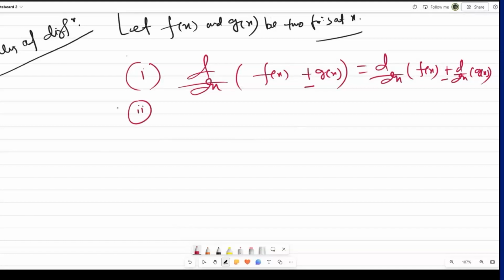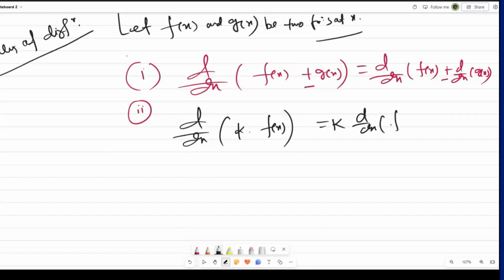All right? d/dx of k into f(x), that constant will come outside. It will be k times d/dx of f(x).